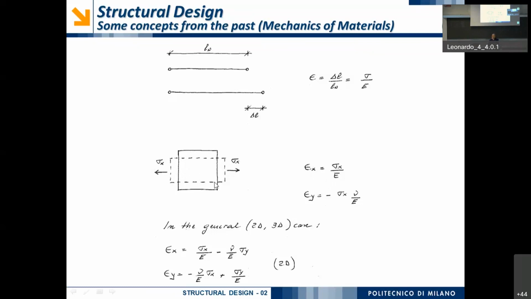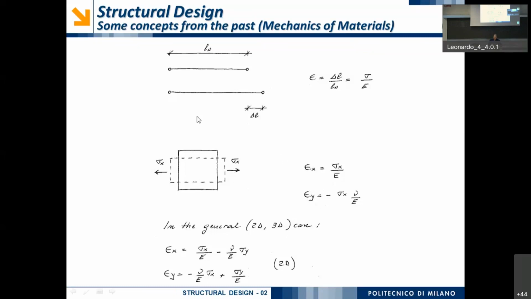But what you can easily observe is that when I'm loading something in a certain direction, in the opposite direction there is a shortening, okay? So this kind of shortening also depends on and is proportional to the stress sigma x. Of course, we need to introduce a minus sign here.